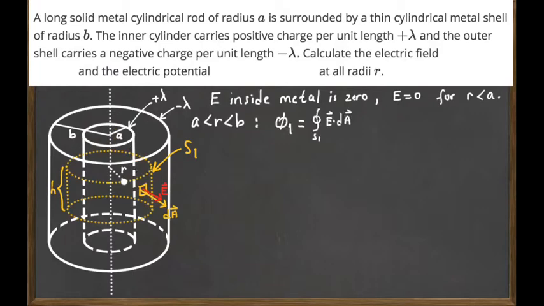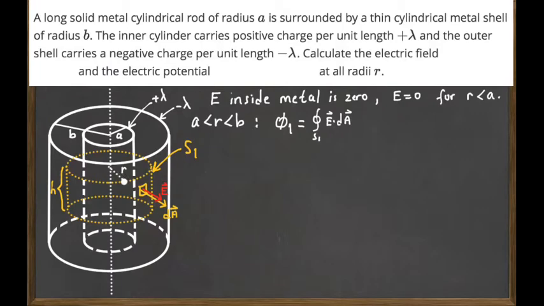So the flux is this closed integral through the surface S1, and we don't even think about the top surface and the bottom surface of the cylinder, because the electric field and the area vectors are perpendicular to each other in these top and bottom surfaces, so they contribute zero flux.